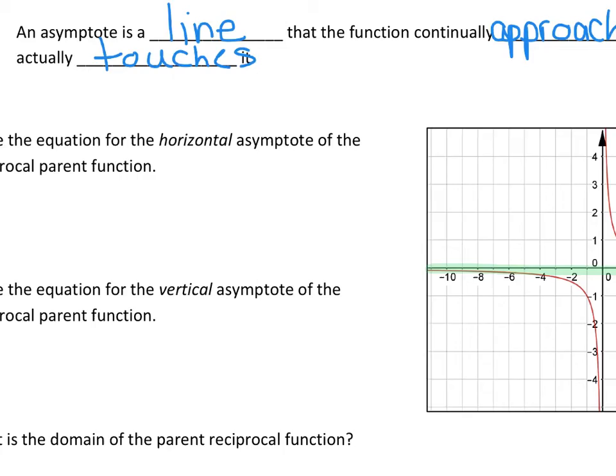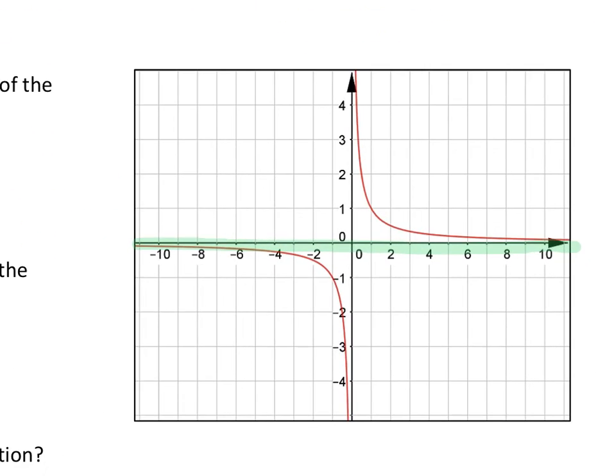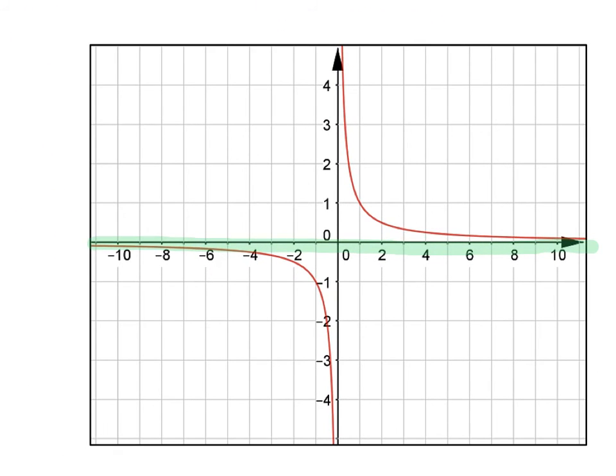So if we were to describe that x-axis, actually let's first write it. It is the x-axis in green. The equation for the x-axis is y equals 0. If we look at what our vertical asymptote is going to be, you can see that it's going to be the y-axis.